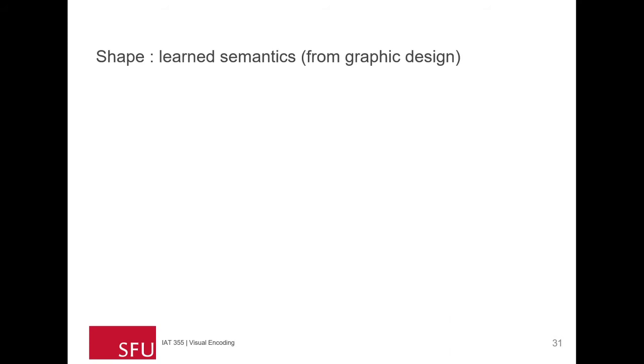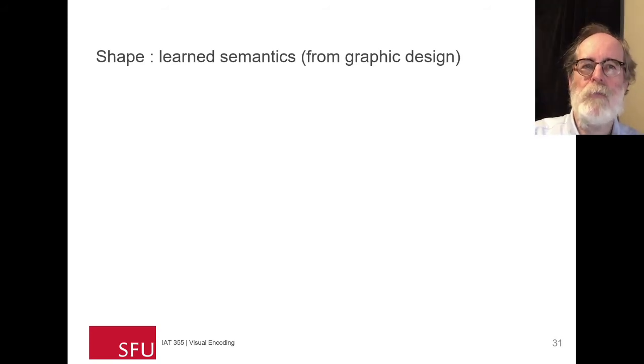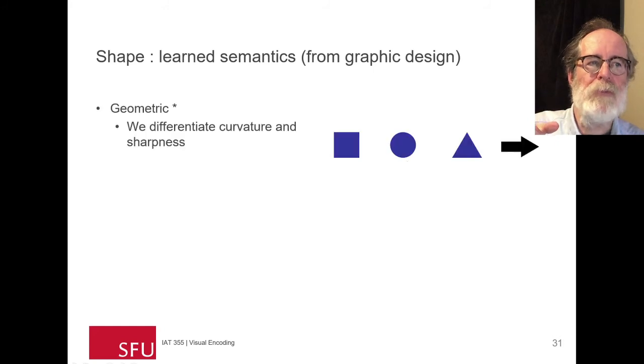So, other things to bear in mind that are of some concern is that when you're using shape, you can have generic geometric shapes in which we differentiate things like curvature and sharpness. But one of the things always to watch out for in the use of shape is that there can be other meanings that we bring to the table, and it's always wise to watch out for what those other meanings may be.